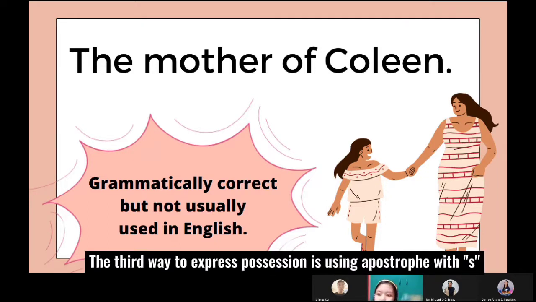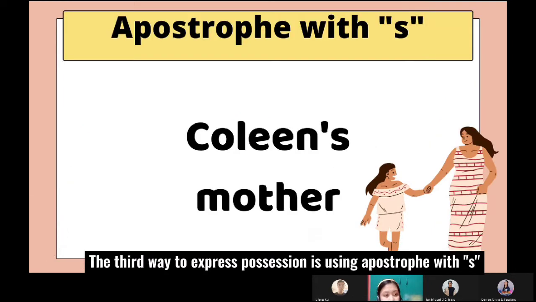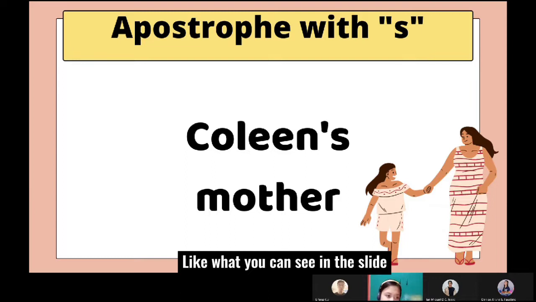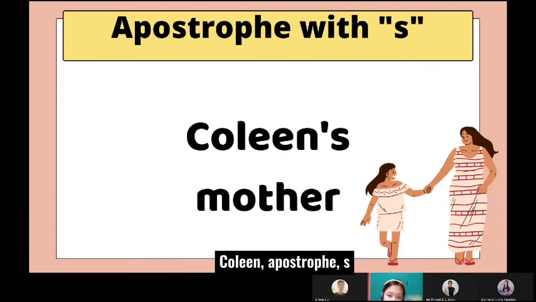So the third way to express possession is using apostrophe with S. Like what you can see in the slide, Colleen apostrophe S, mother, Colleen's mother.